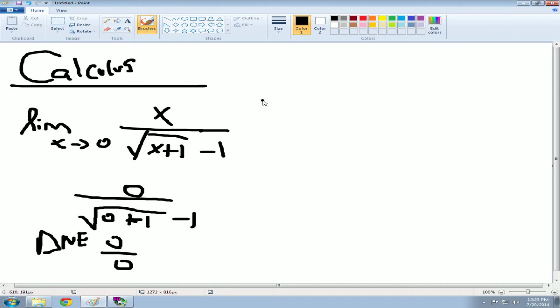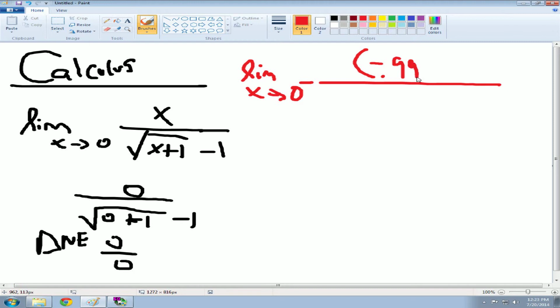So we're going to approach this on the left side. So we're going to say limit as x is approached on the left side to 0. So for x on the top, we're going to say, okay, well, we're going to do negative 0.999 over square root of negative 0.999 plus 1 minus 1.